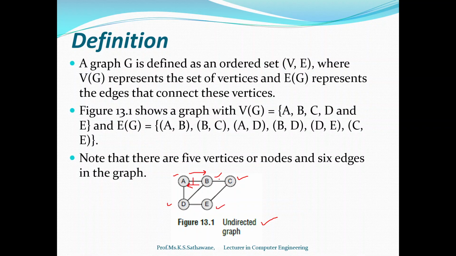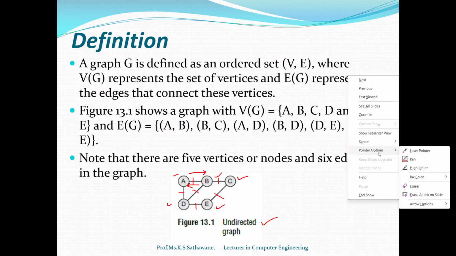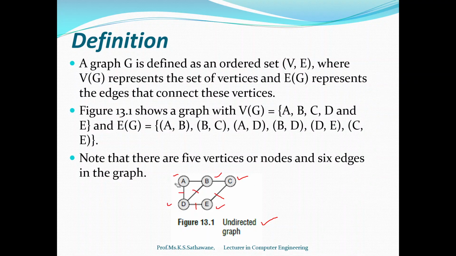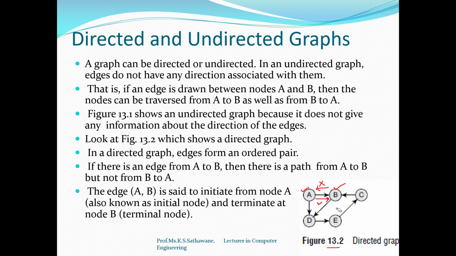A to B, B to C, A to D, B to D, D to E and C to E. Note that there are 5 vertices and 6 edges existing in this graph.